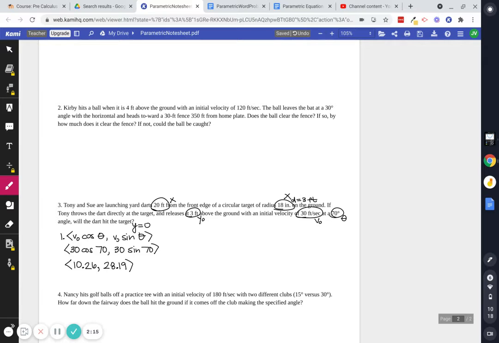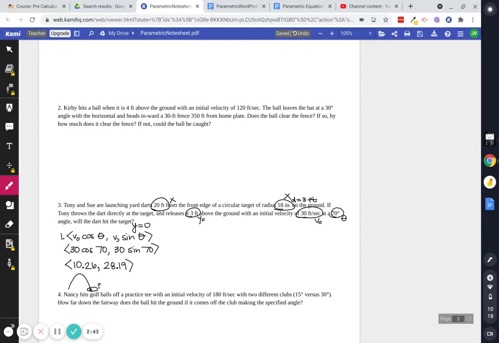So it's definitely going up a significant amount, which makes sense because 70 is a pretty big angle. Not all the way to 90, which would be straight up, but it's pretty big. Now, it's flying through the air, and we want to know, when it hits the ground, does it hit the target? So we have to find out when it hits the ground and then figure out how far it went.